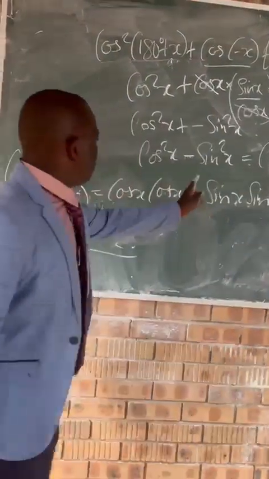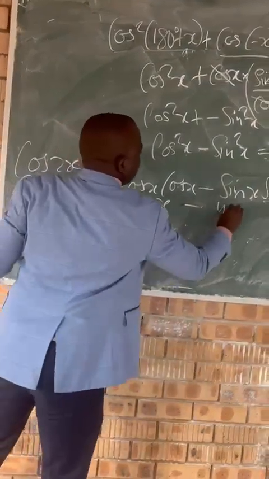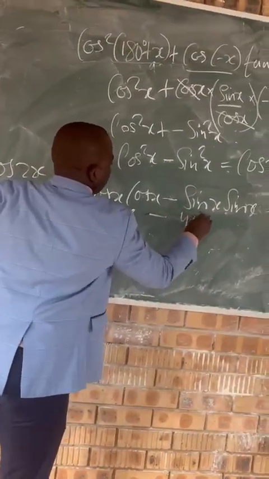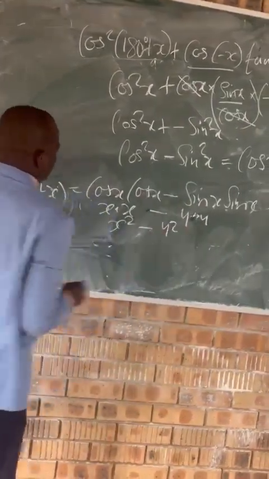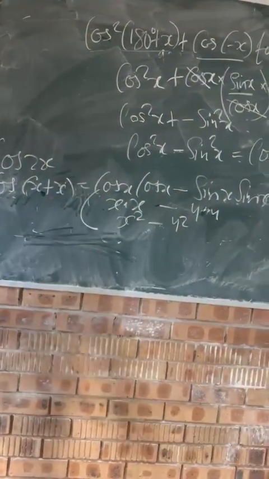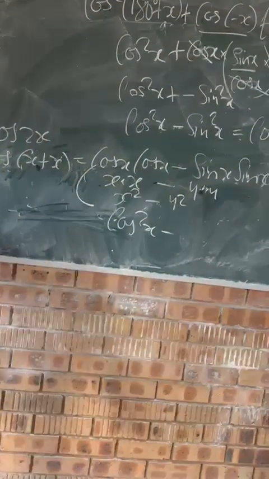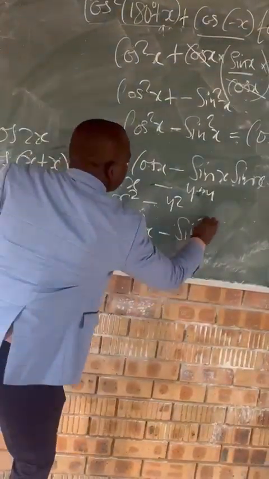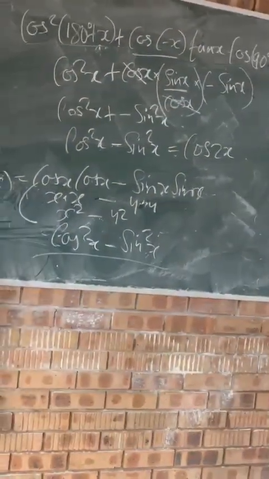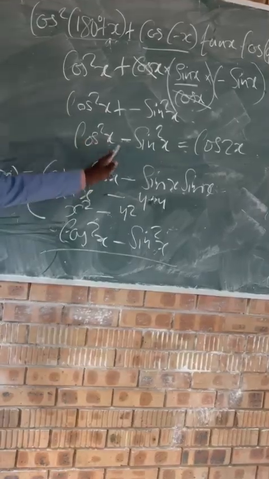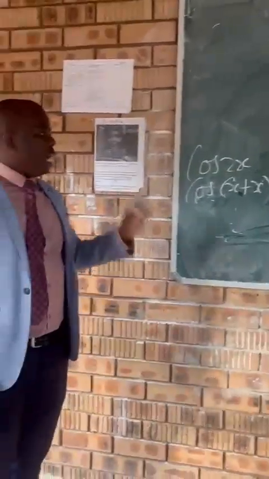Just like x times x is x squared and y times y is y squared, cos x times cos x is cos squared x, minus sine x times sine x is sine squared x. Therefore, this is a proof that cos squared x minus sine squared x truly equals cos 2x according to the identities.